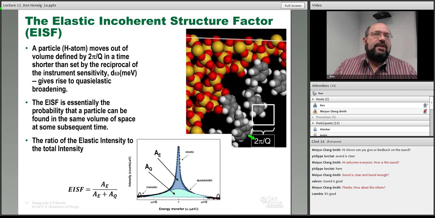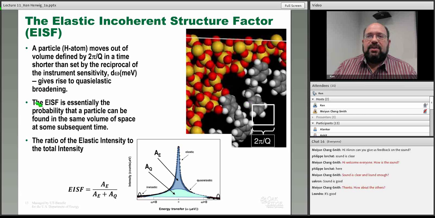So it's a length scale. It's 2 pi over q. And we're going to start a clock, and we're going to look at some long time thereafter. The EISF essentially is the probability of finding that hydrogen atom, not another hydrogen atom, but that one, inside that box that we fixed in space, whose dimensions are 2 pi over q.